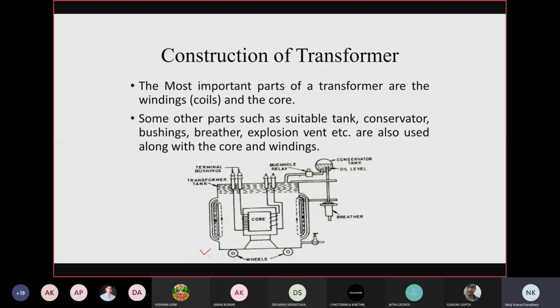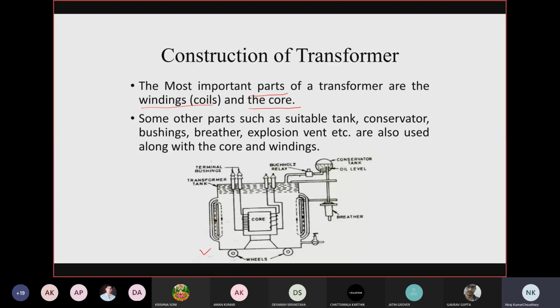You should know that there are various parts, but the most important parts of a transformer are the windings, that is the high voltage winding and the low voltage winding, and the transformer core.